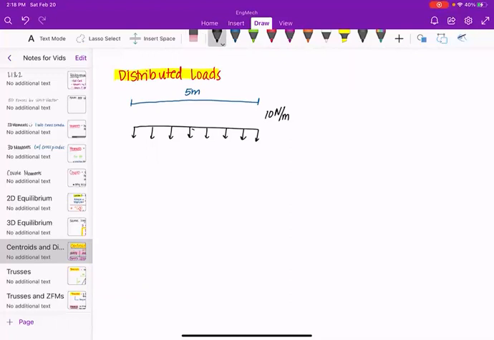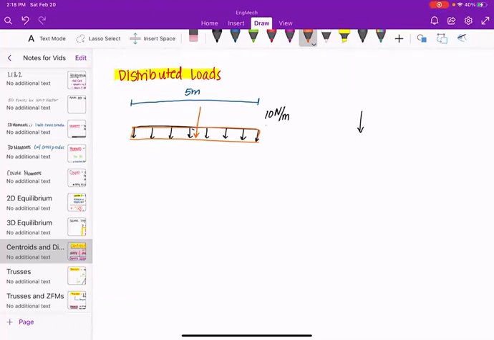So that's a distributed load, and a point load would look like that, a point load acting on the centroid of the distributed load. Because this one is shaped like a rectangle, that centroid is going to act right at the center of the rectangle. What's the magnitude going to be?